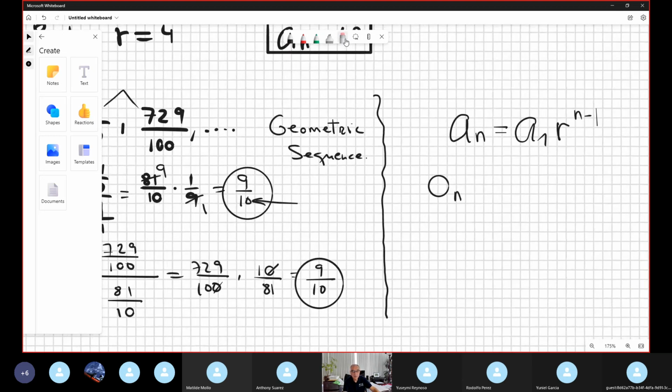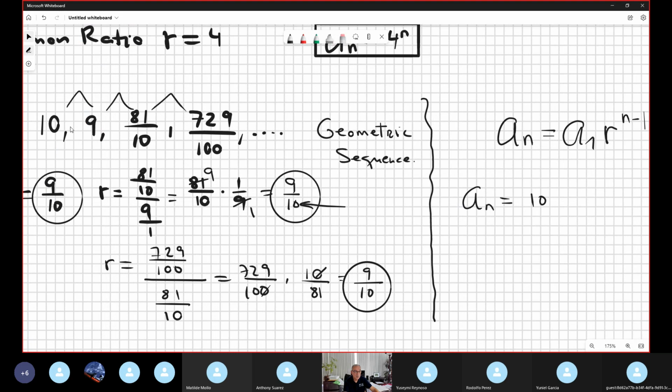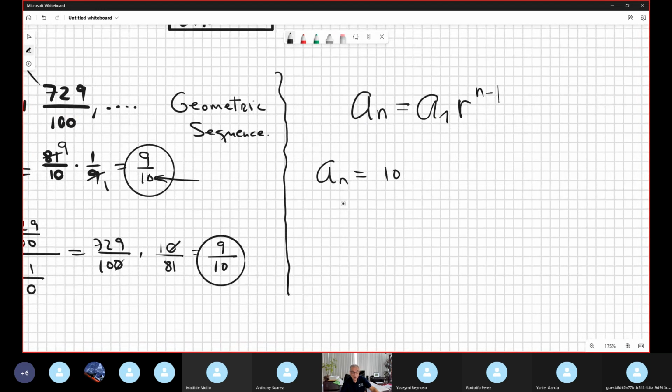A1 is 10, the first in the sequence. And the common ratio is 9 over 10, raised to the n minus 1.